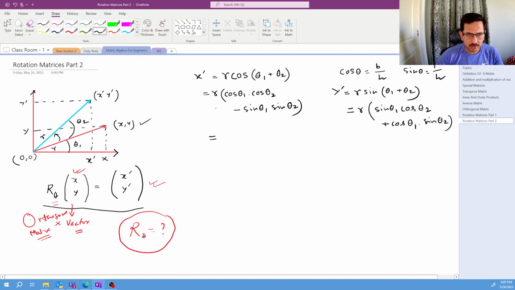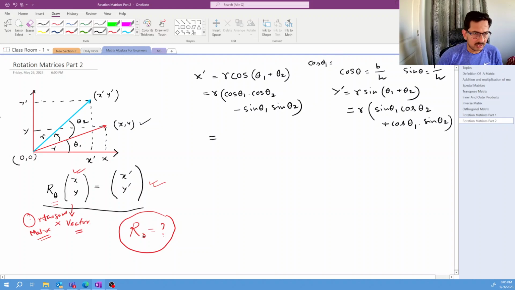Now if you use that same kind of logic, with hypotenuse, check what is happening. r cos theta 1 is giving me the x value, because cos theta 1 is again base by hypotenuse.